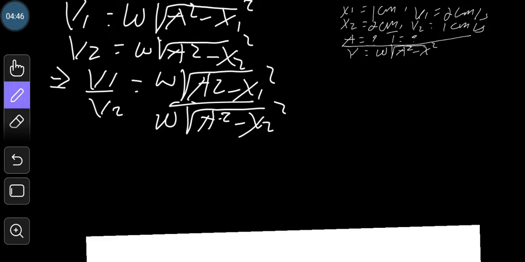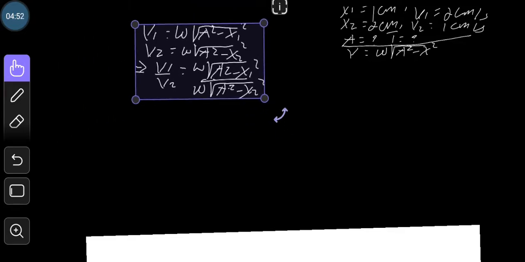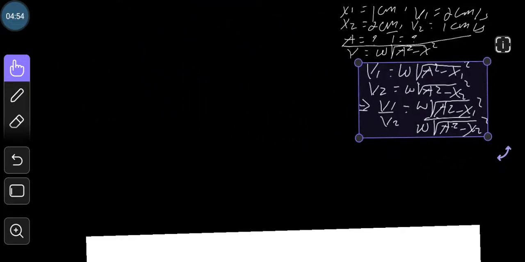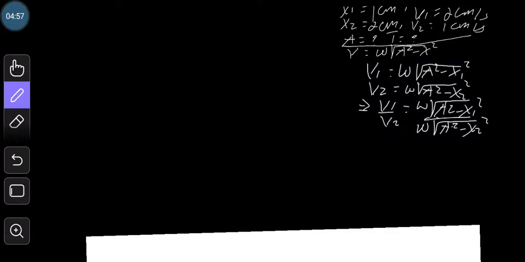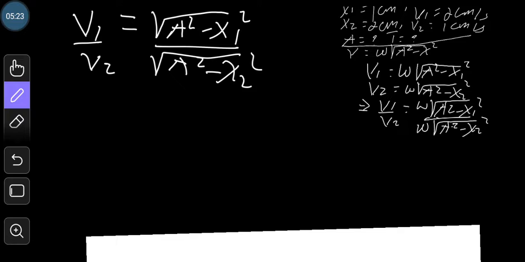Okay, finally we have v1 over v2 is equal to under root amplitude square minus x1 square over amplitude square minus x2 square.